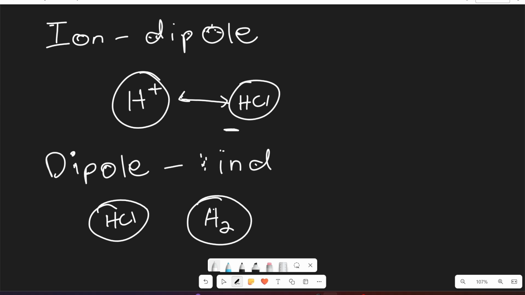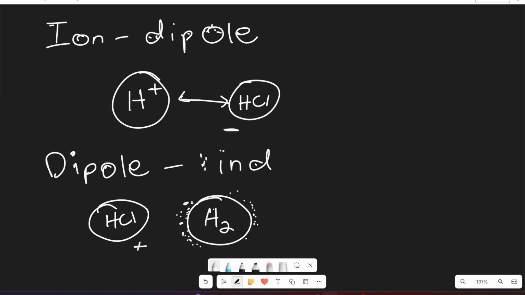Well, H2 has an electron cloud, and that electron cloud can be pulled over. Let's say I have the partial positive side here of the HCl. Well, that electron cloud can be pulled over more towards this side. Some electrons would be out here, but just not as many.